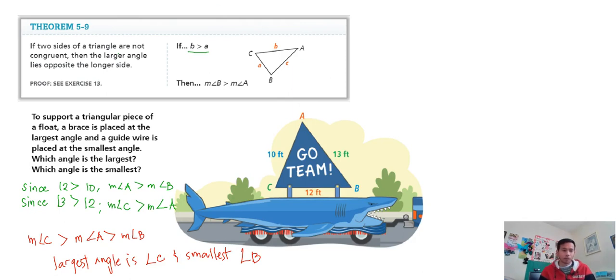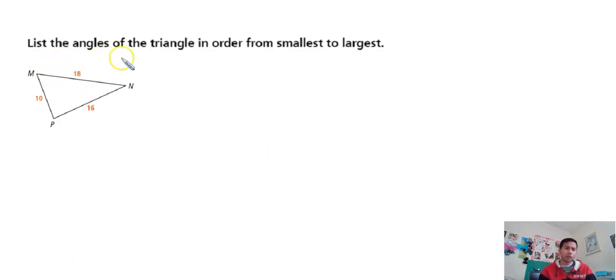Next, list the angles of the triangle in order from smallest to largest. We are talking about angles, so we can identify the smallest to the largest angle based on the sides.